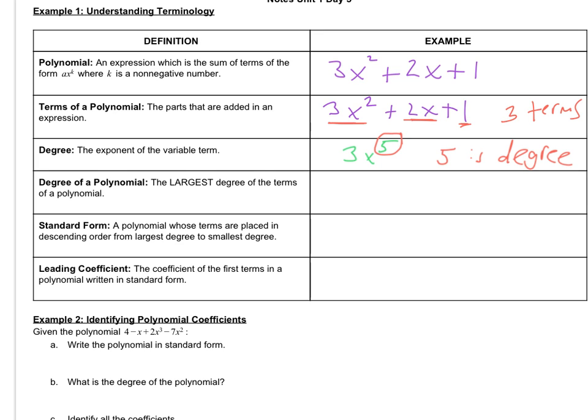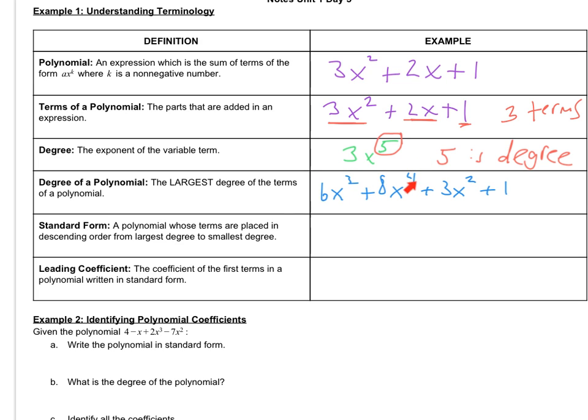Next, I have the degree of a polynomial, and that is the largest degree of the terms of a polynomial. So for instance, if I had the polynomial 6x to the 3rd plus 8x to the 4th plus 3x squared plus 1, I am looking for the degree that's the highest.